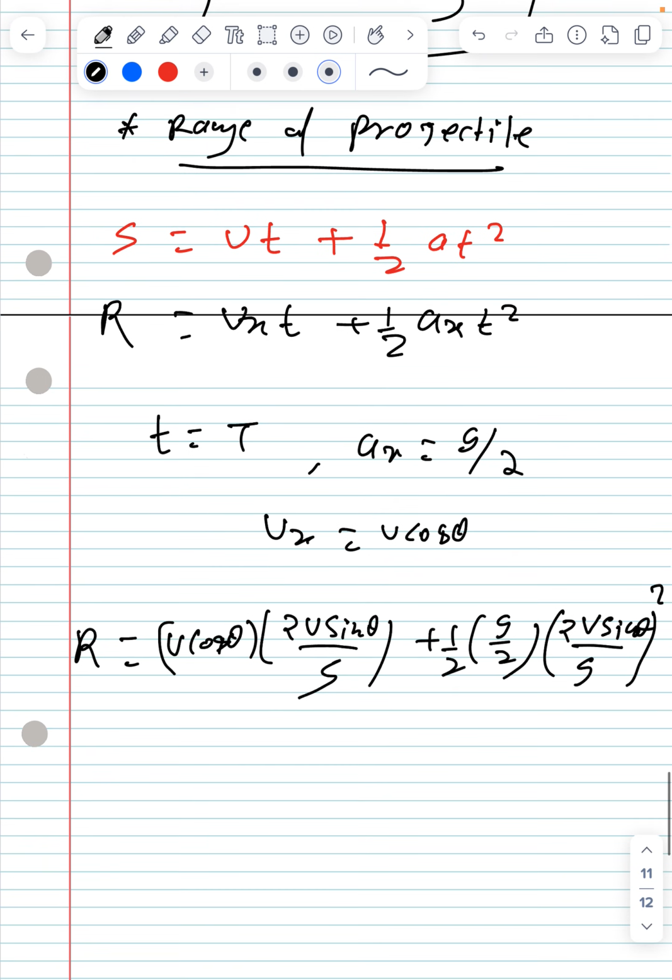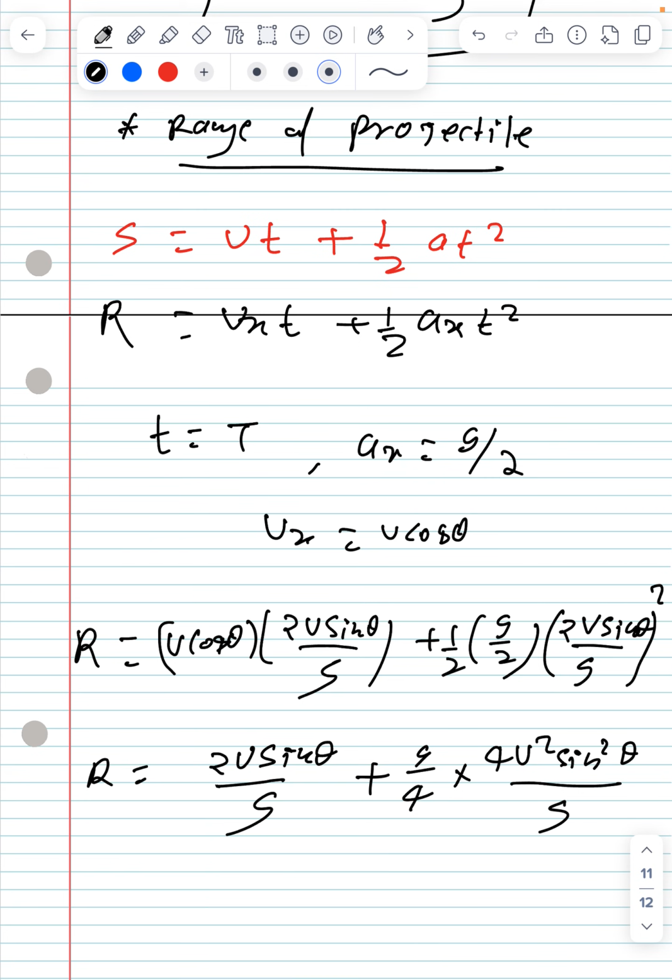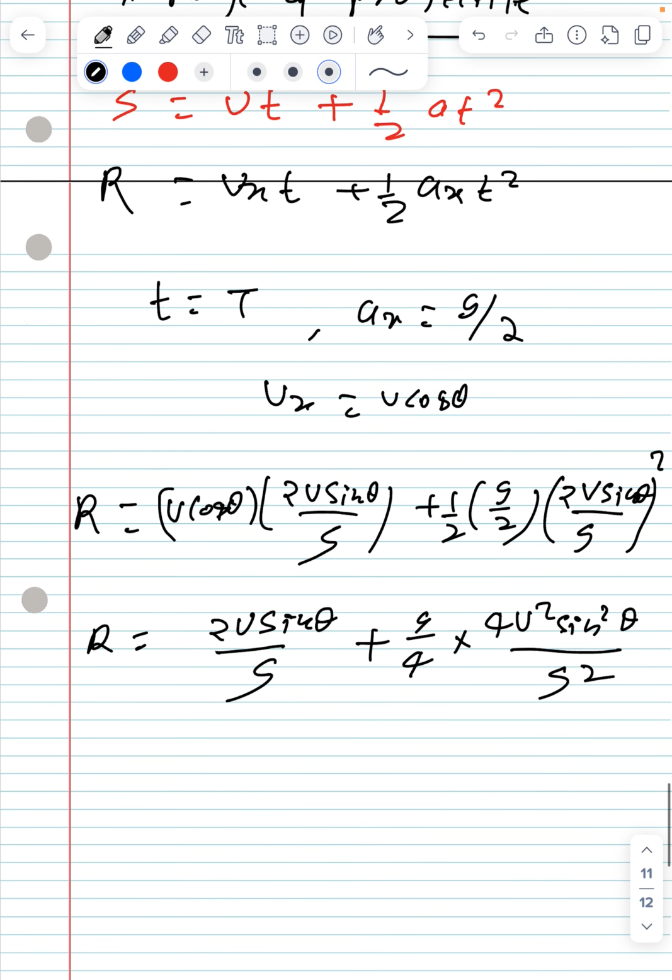R, the range, is u cos θ multiplied by the time of flight, 2u sin θ divided by g, plus 1/2 times g/2, and the value of t² is the time of flight, 2u sin θ divided by g, whole squared.